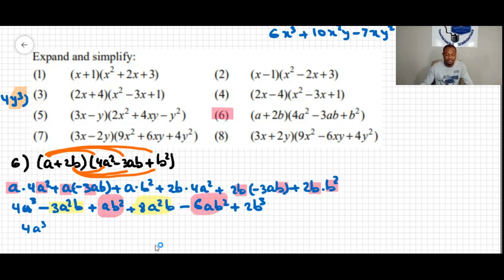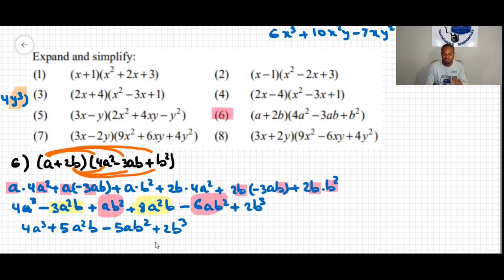So then we have 4a cubed, and then negative 3a squared b plus 8a squared b will make positive 5a squared b, and then ab squared minus 6ab squared will make negative 5ab squared, and then plus 2b cubed.